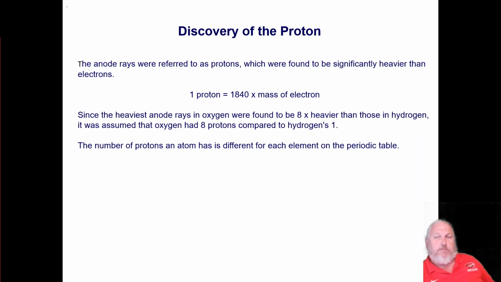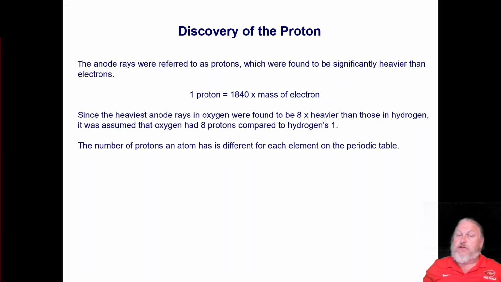One proton was 1,840 times the mass of an electron. The heaviest anode rays in oxygen were found to be 8 times heavier than those in hydrogen. It was assumed that oxygen had 8 protons compared to hydrogen's 1. So the number of protons an atom has is different for each element in the periodic table.